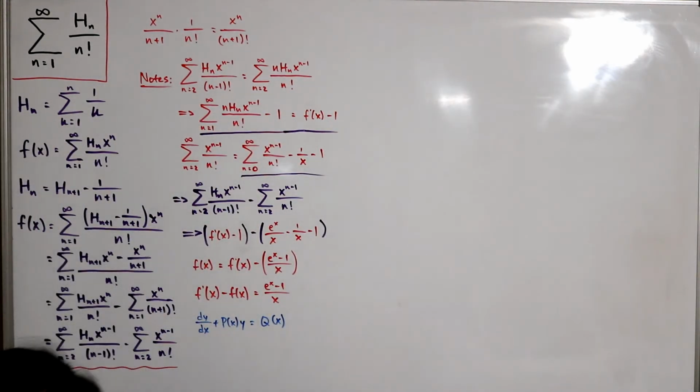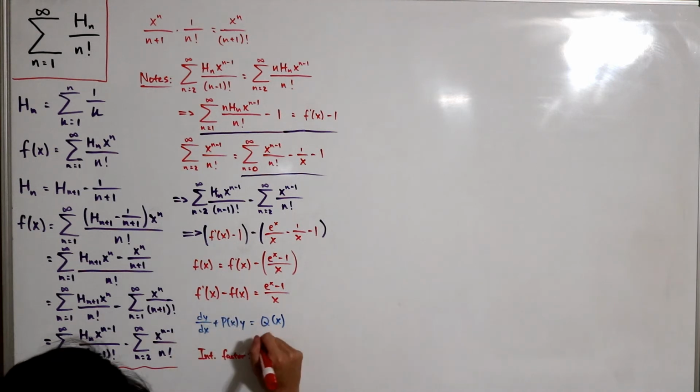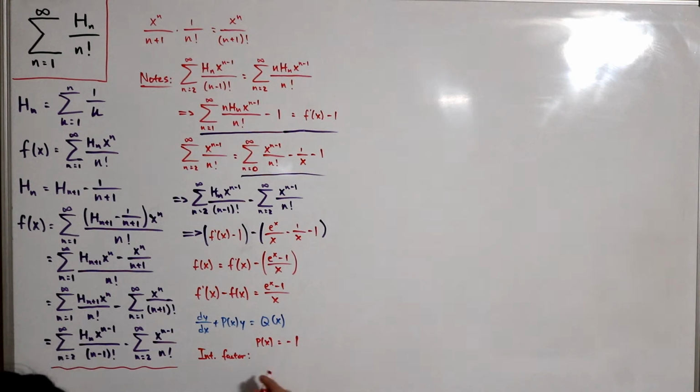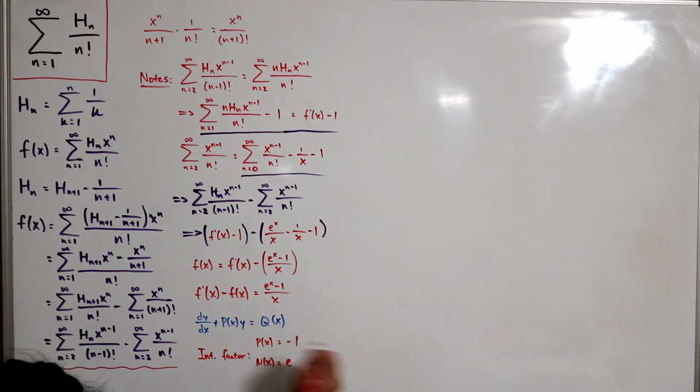So now I'll actually use the integrating factor here. So that means our p of x in this case is -1. So I'll write that. So that means our integrating factor, mu of x in this case, is equal to e to the power of the integral of -1 dx.